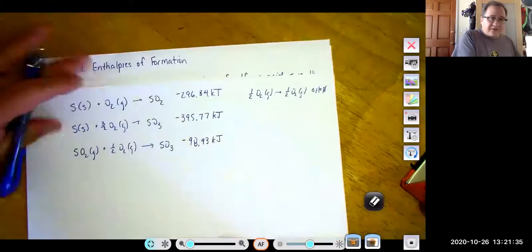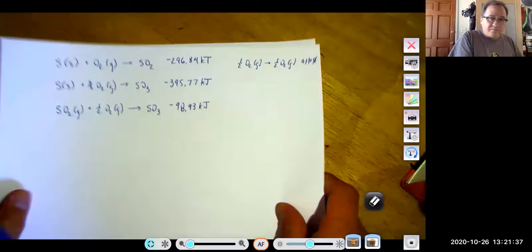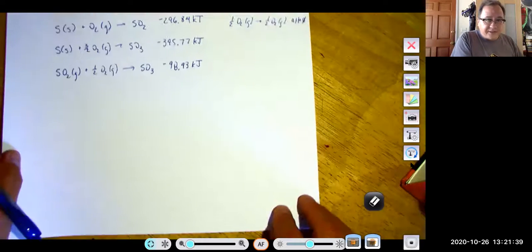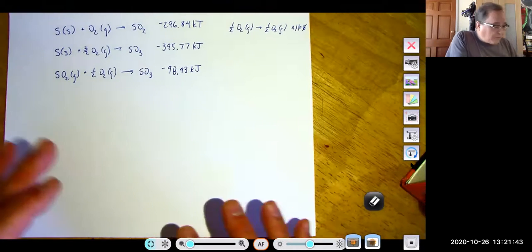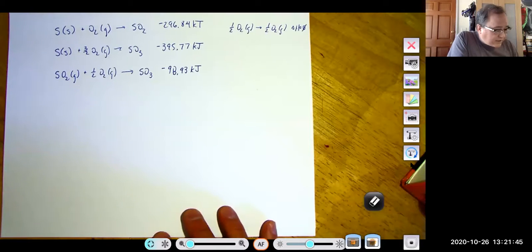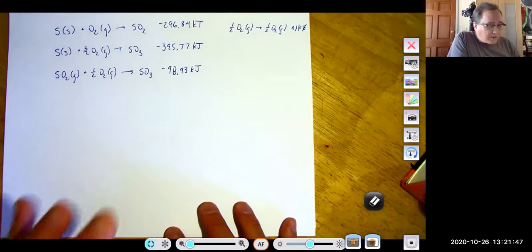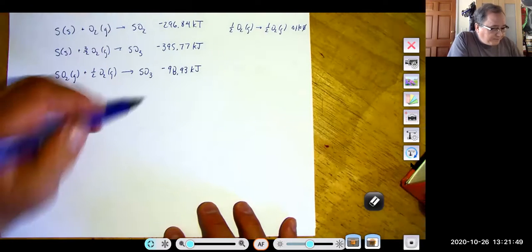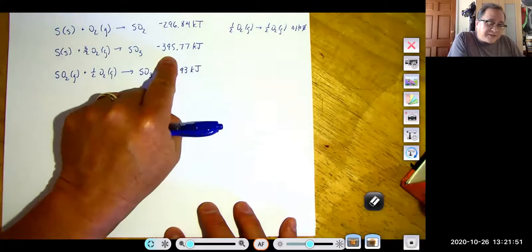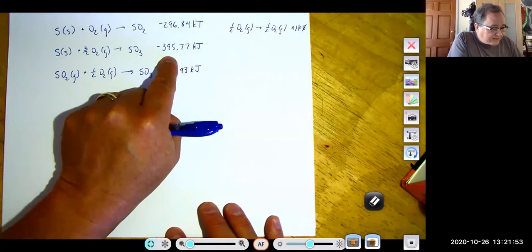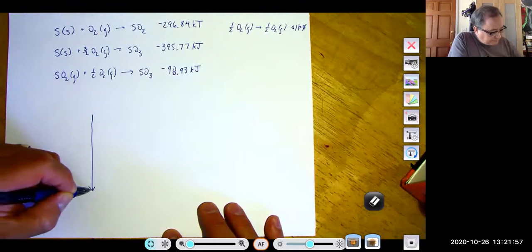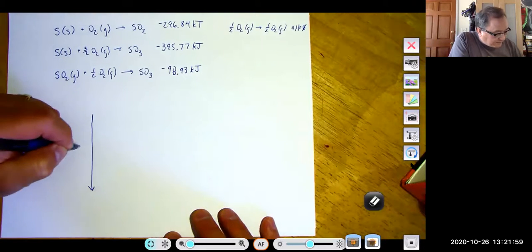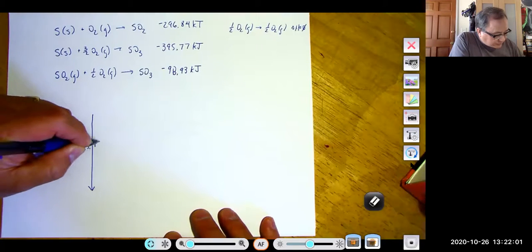So we want to draw an energy level diagram with these 4 reactions. The way I've tried to instruct this before is to always start with the one that has the biggest number. So 395.77 is the biggest number. Since it's a negative, you draw an arrow going down, and this is minus 395.77 kilojoules.